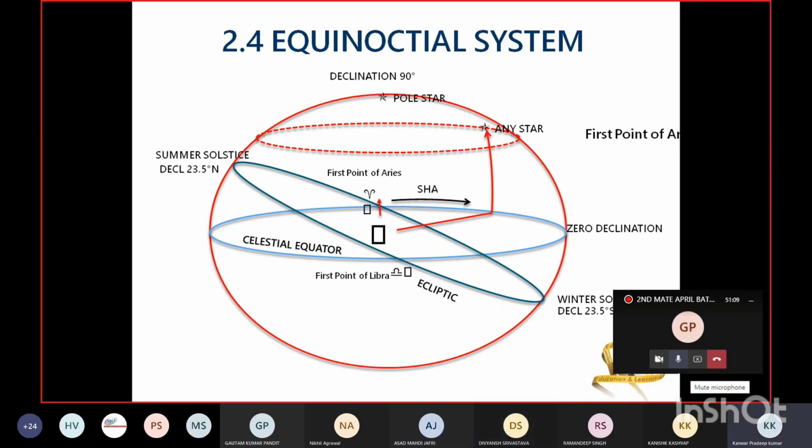Westerly, sir. But here the arrow is pointing towards east. Is it west or east? Westerly, sir. Because I'm on the other, opposite side of the sphere now. You understand? I'm on the other side of the sphere. So that is why I did not intentionally pick up this diagram, because I know it might confuse a little more.